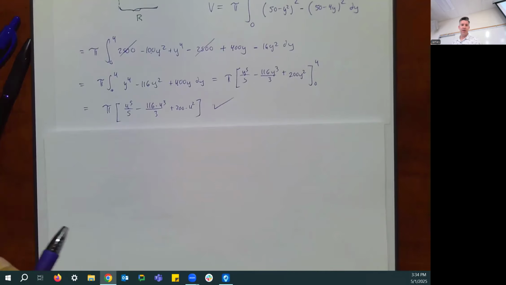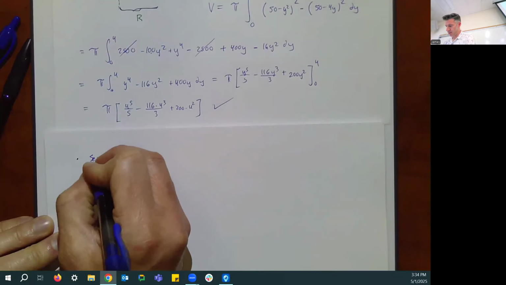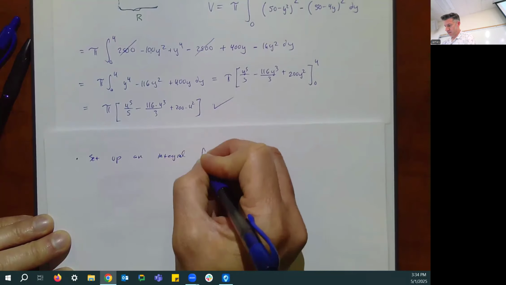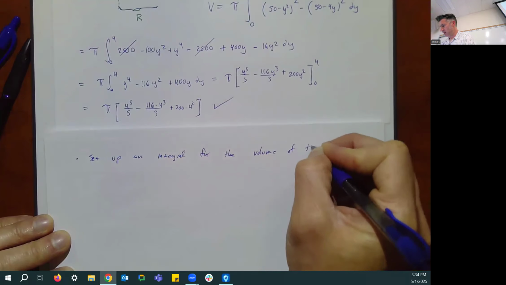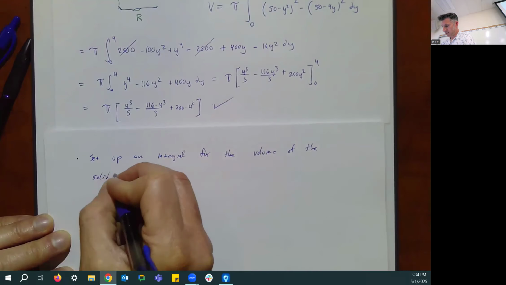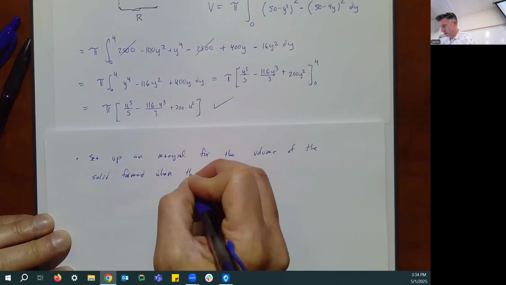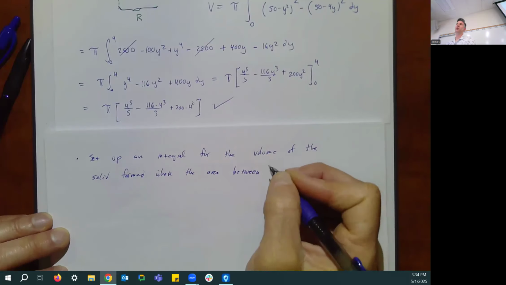So let's say we were forced to do this next problem. We want to set up an integral for the volume of the solid formed when the area between, which way do I want to do this?